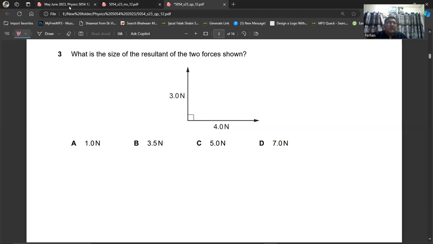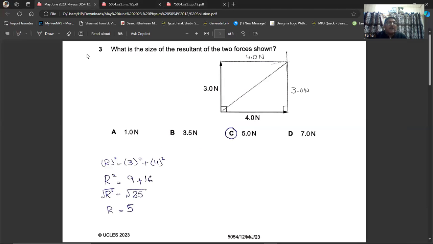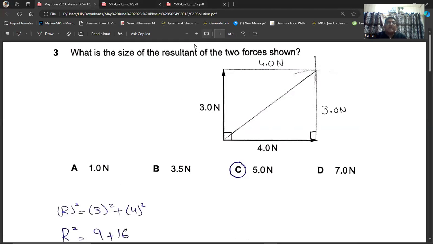So we will complete the parallelogram and use the parallelogram law to find the resultant. Because this angle is 90, this angle will also be 90 in the parallelogram. This is 3 Newton, this side is also 3 Newton. If you look at this triangle, it's a right angle triangle, and this will be its resultant.